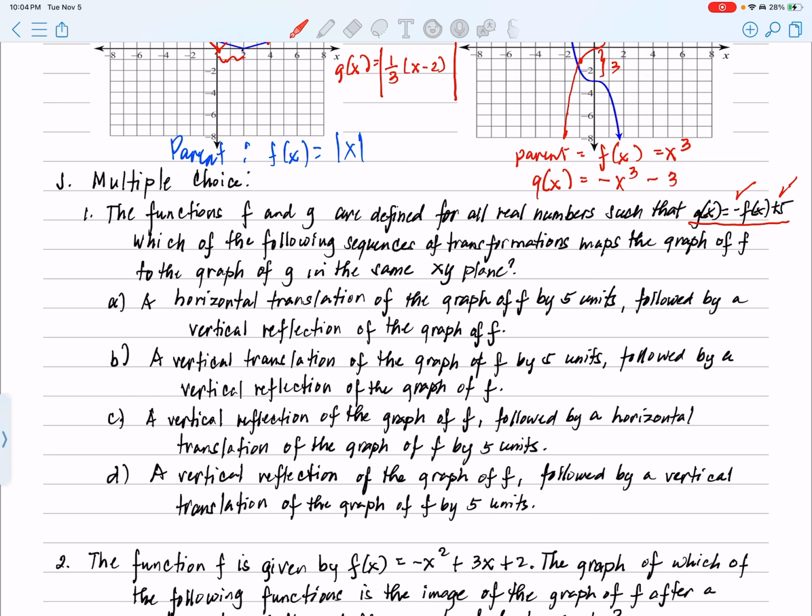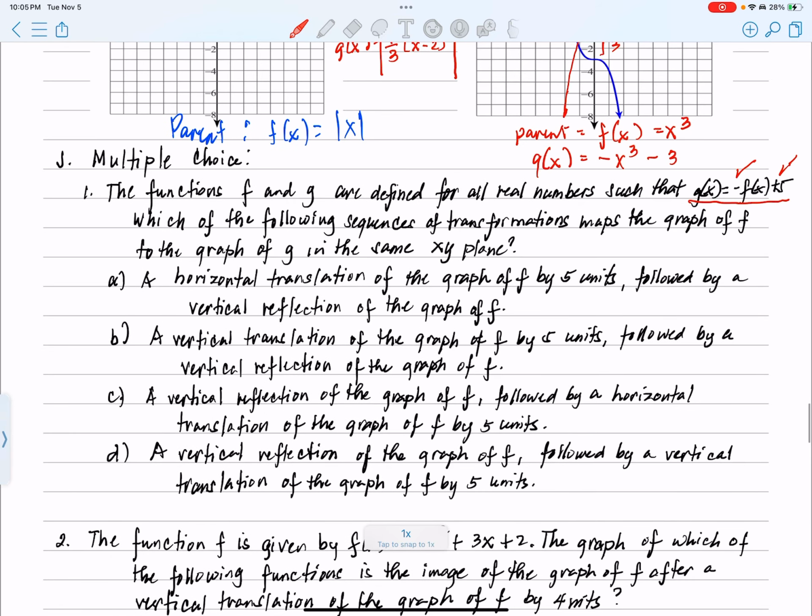Which of the following transformations maps the graph of f to the graph of g in the same xy plane? A horizontal translation of graph f by 5 units, followed by a vertical reflection of the graph.